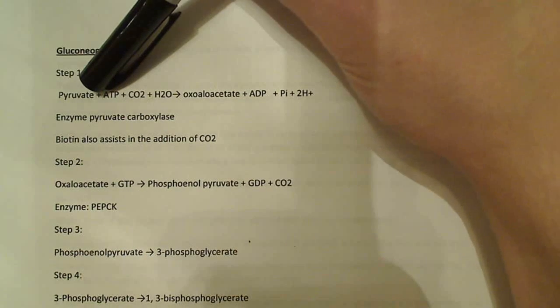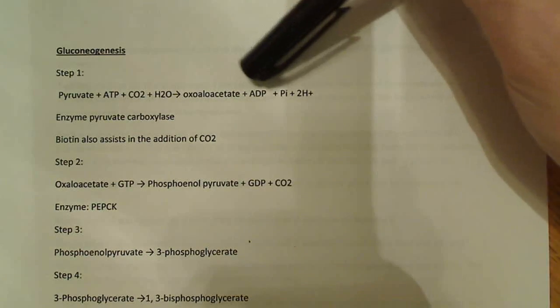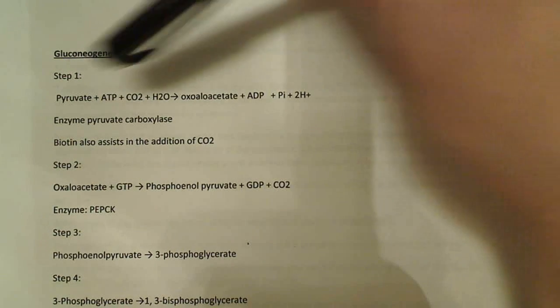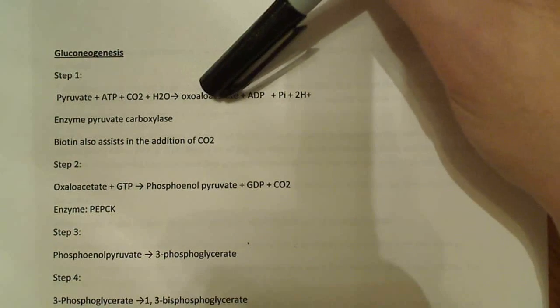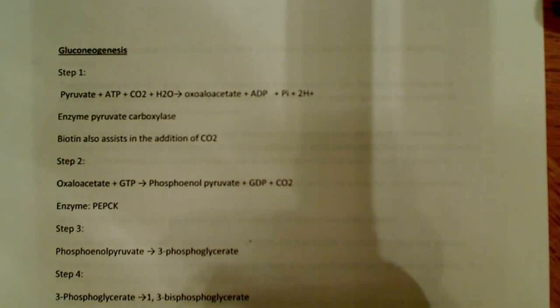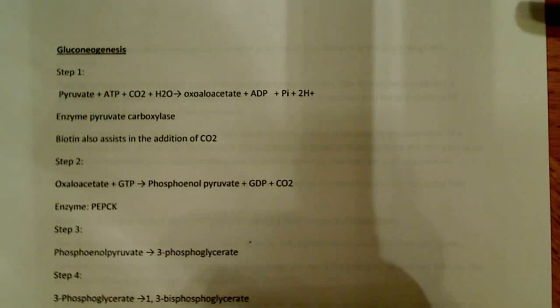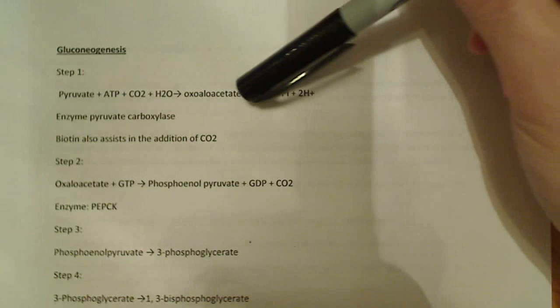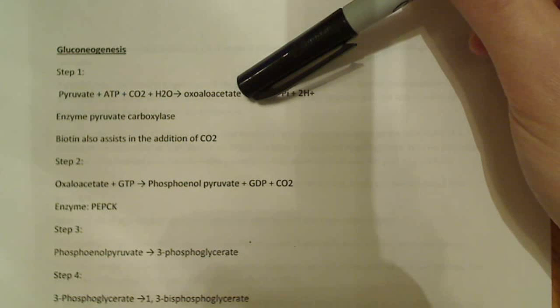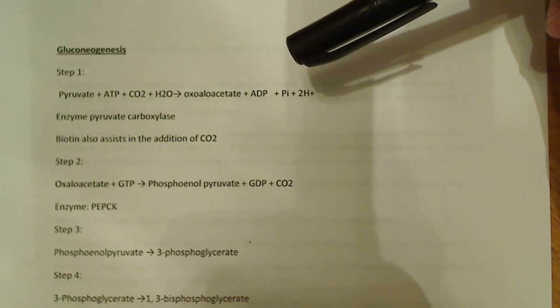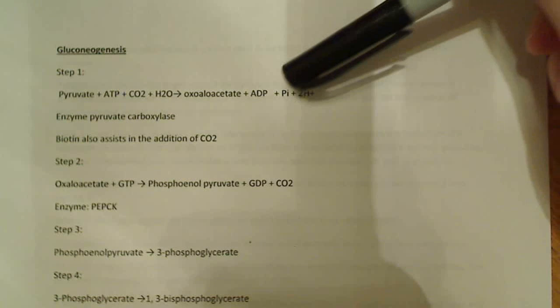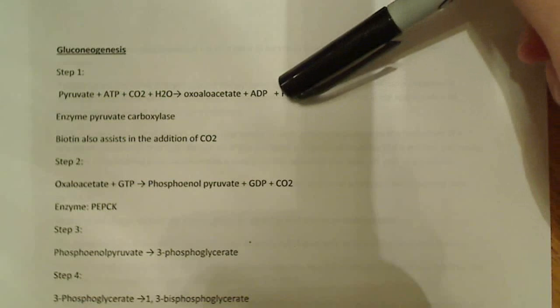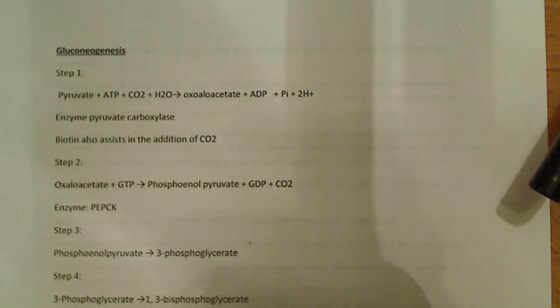I start with pyruvate, and there are 2 molecules of everything here: 2 pyruvates, 2 oxaloacetates, and everything's doubled all the way down. That's just a result of what happened in glycolysis. So pyruvate plus ATP plus carbon dioxide plus water gives me a new 4-carbon molecule known as oxaloacetate, plus ADP plus Pi, inorganic phosphate, plus 2 hydrogen ions.